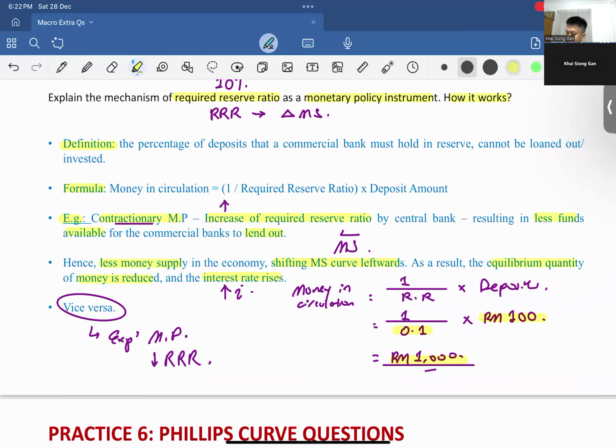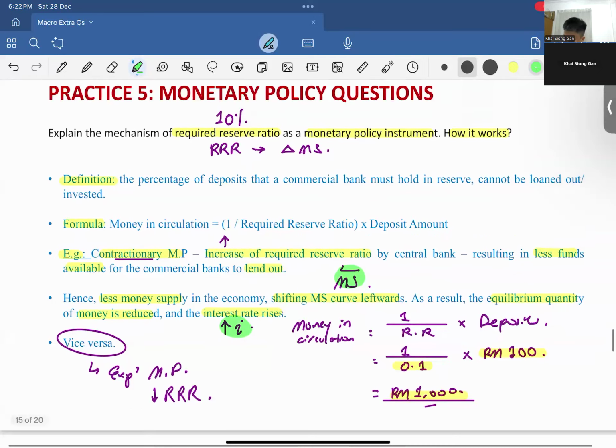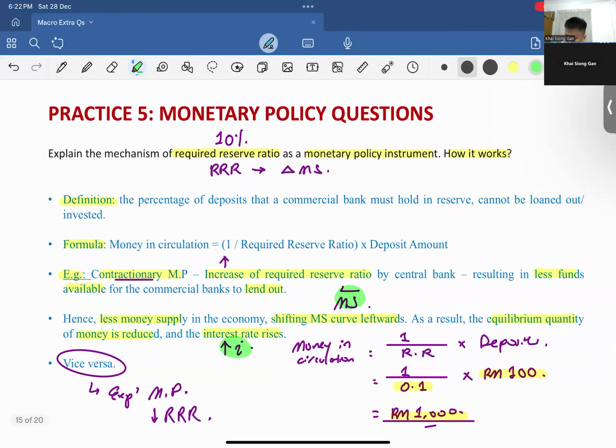At the end, the impact in the contractionary case will be lower money supply and higher interest rate. So this is how it works as a monetary policy instrument.